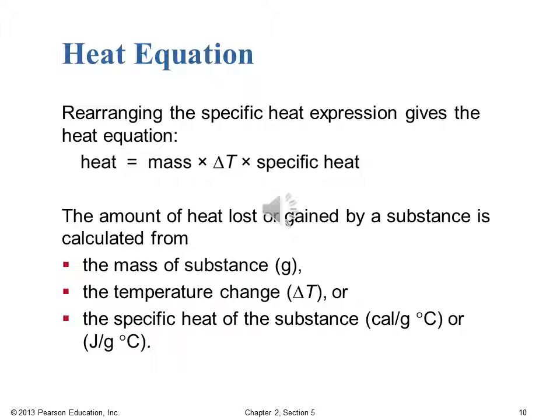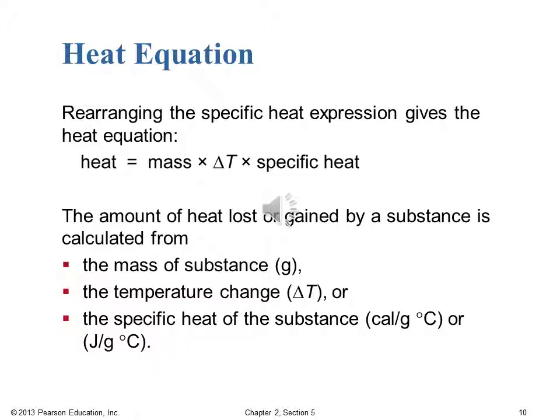So what if we're not looking for specific heat? What if we want to solve for the heat? If that's not given, like it was in the previous problem, we could rearrange that equation of specific heat to give us what we would call a heat equation. This form of the equation would say that the heat supplied would equal the mass of the material times the delta T, the temperature final minus temperature initial of the material, times the specific heat for that substance.